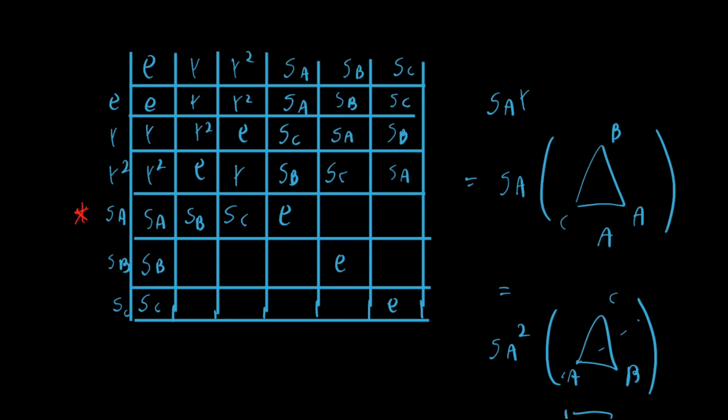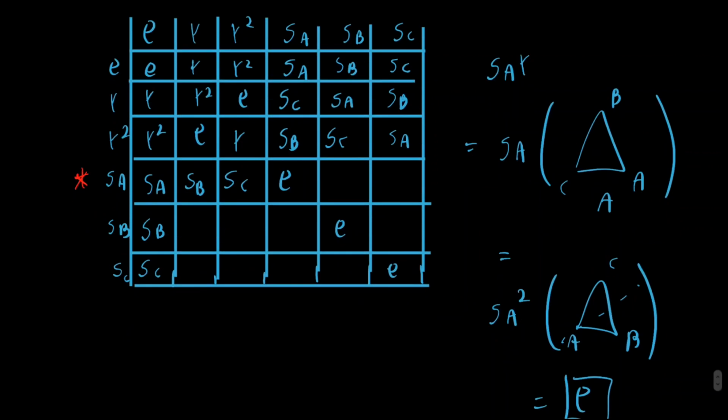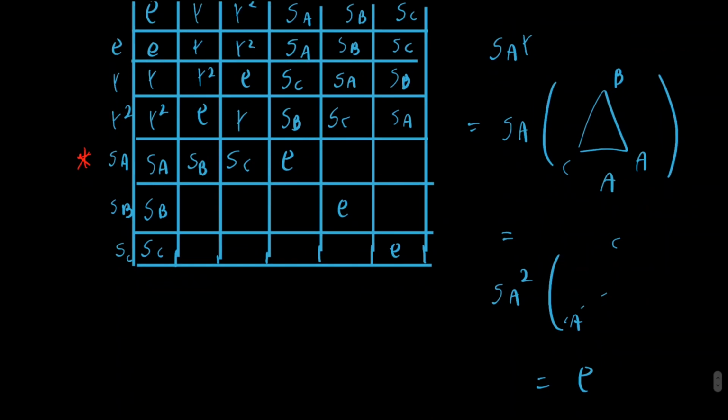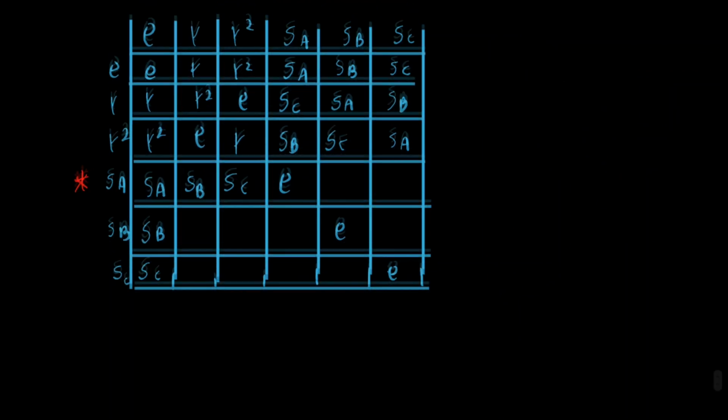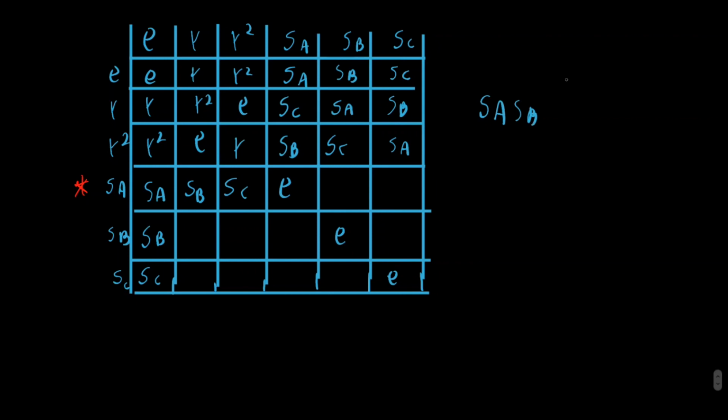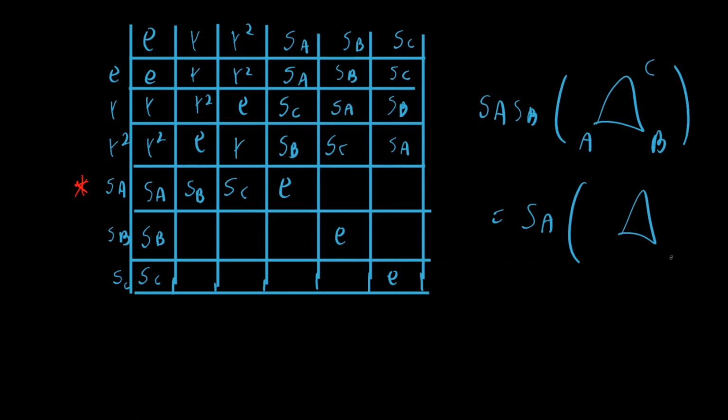Now, I will fill the last two boxes of this table, which are SA times SB and SA times SC, and then I'll let you fill the rest of the boxes as an exercise. So let's see SA times SB of A, B, C. So this will be SA of, well, B, and then AC here.